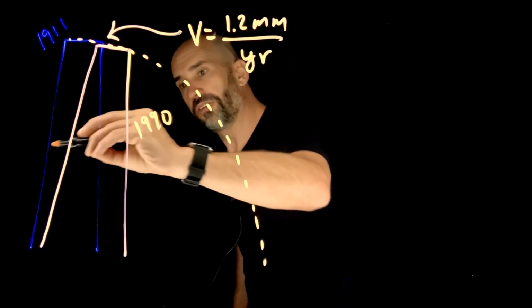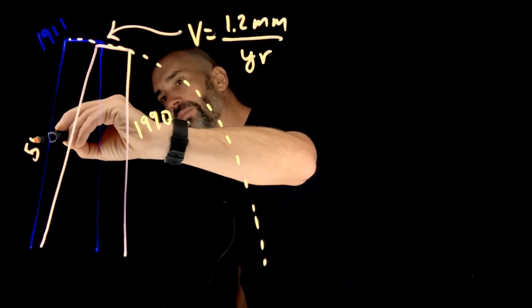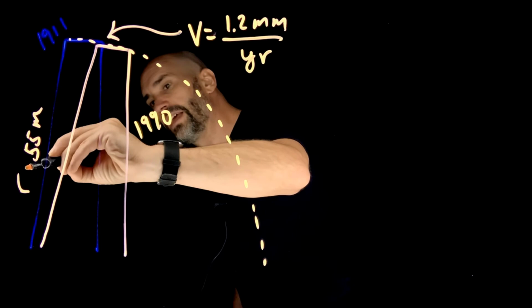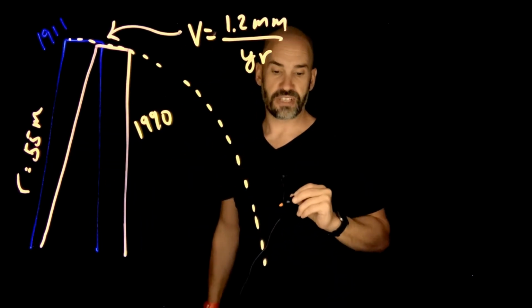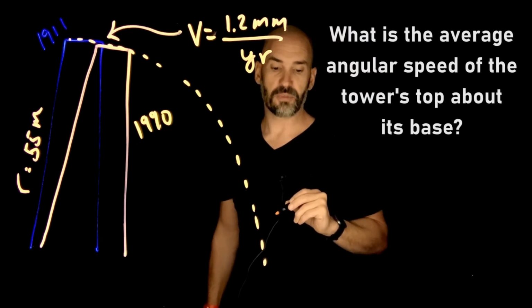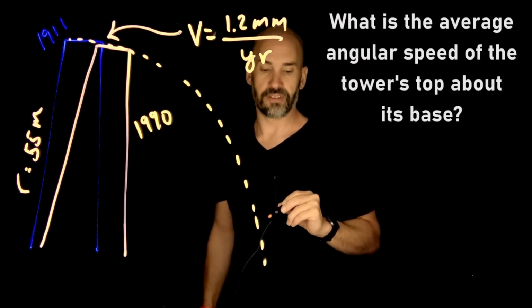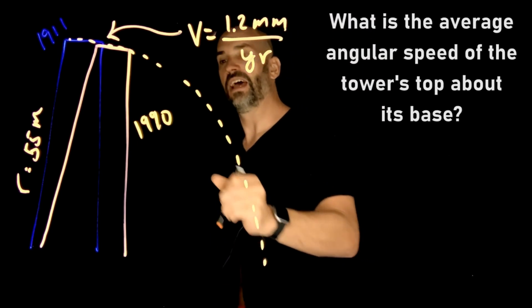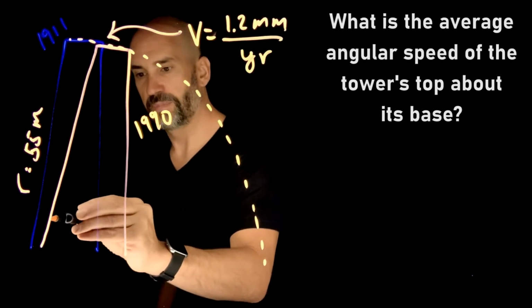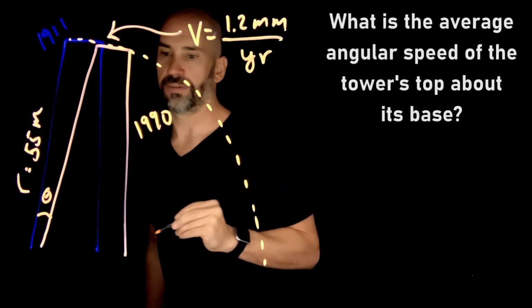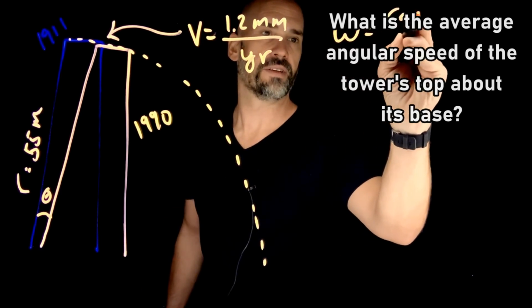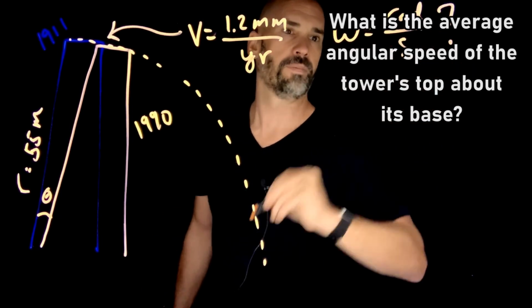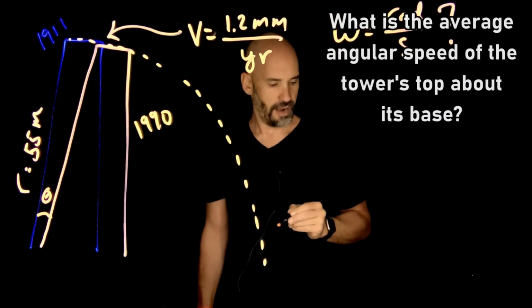Also, this is 55 meters tall, so that tells us that the radius is 55 meters. In radians per second, what is the average angular speed of the top of the tower about its base? In other words, at what rate is this angle changing? So we want to find this omega in radians per second.